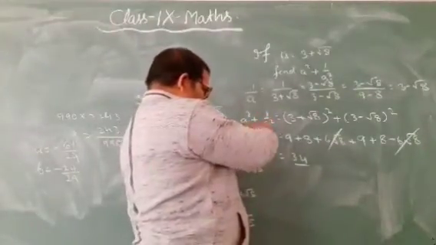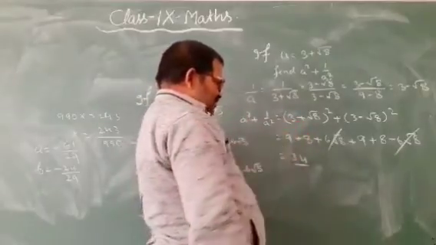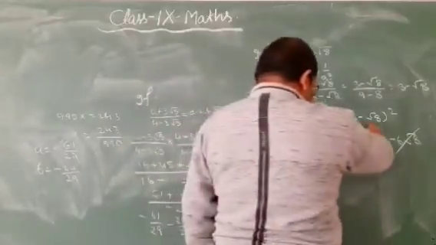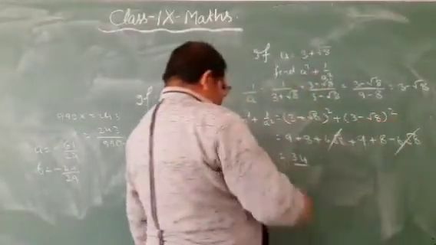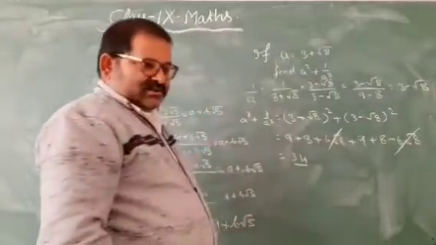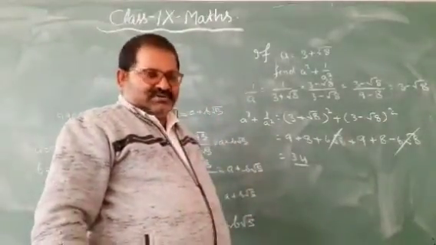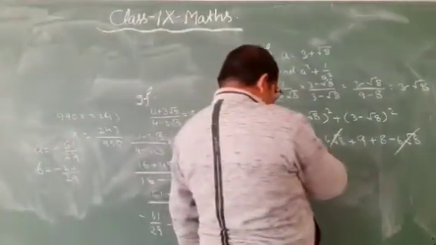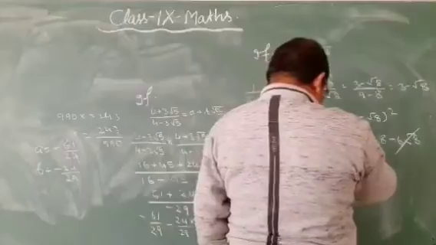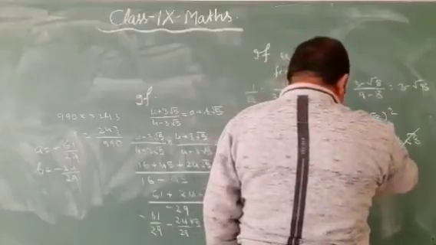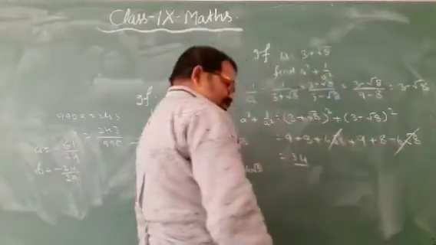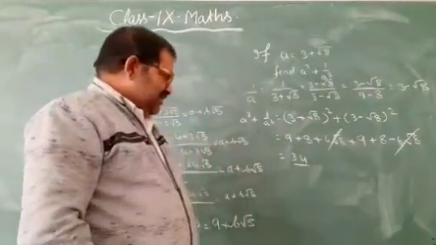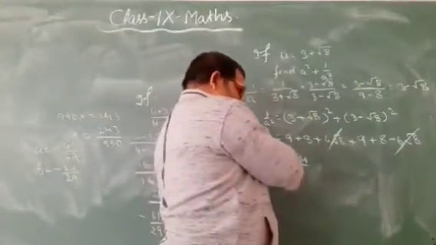Now the value of (3 plus under root 8) square and the value of (3 minus under root 8) square. Then we simplify the value of this to get 9 plus 8 plus 6 under root 8 plus 9 plus 8 minus 6 under root 8. So 6 root 8 and 6 root 8 are cancelled and we get the value 34.